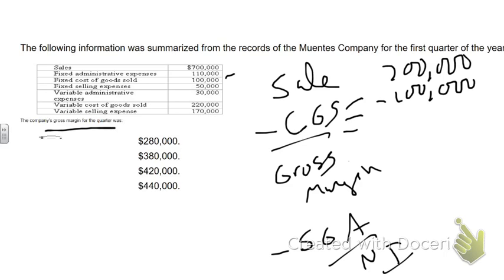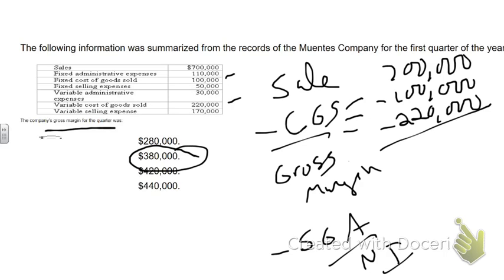It's going to consist of the variable cost of goods sold, which is $220. So there's my fixed and variable. I don't have to yet worry about things like manufacturing overhead, so those are the two items that I have to subtract. So I've got 700,000 minus 320,000. That leaves me with 380 grand, and the correct answer is 380 grand.